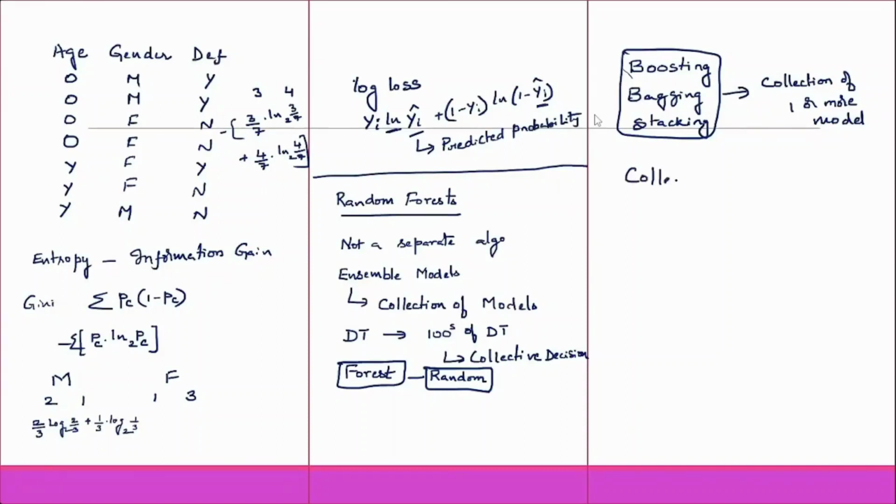So the word collection actually has a different technical name called ensemble. So I can't say it is a subset of ensemble. Ensemble itself is like a collection. Here, it's a collection of decision trees. It's an ensemble of decision trees.